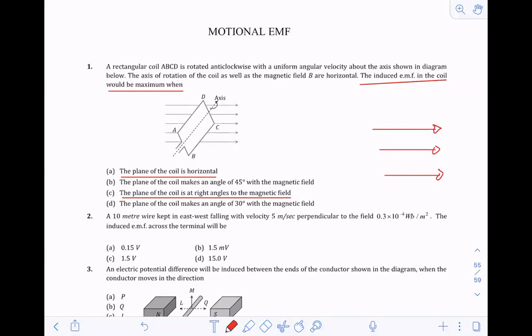Okay, fine. Maximum, no? Sorry. It's A only. Oh, sorry, C. Option C is only correct. Why?